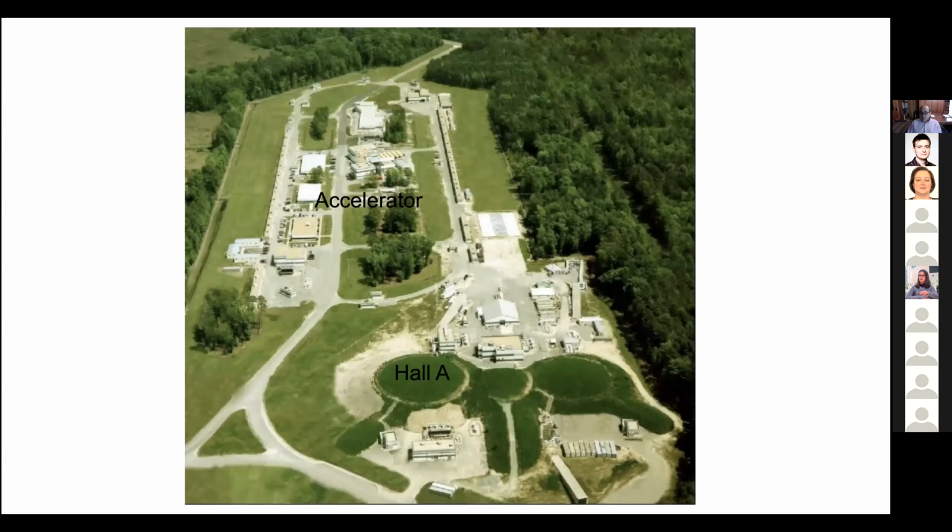So the polarized electron source is over here, and electrons are accelerated down and back to about 1 GeV. They go into Hall A, where the scattering takes place.